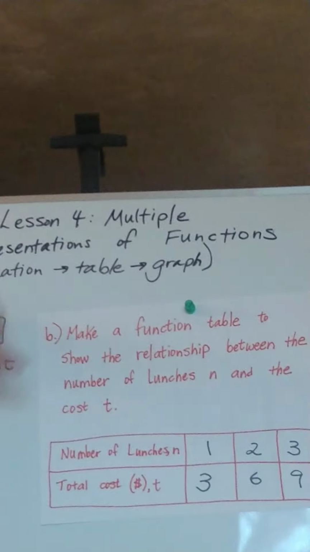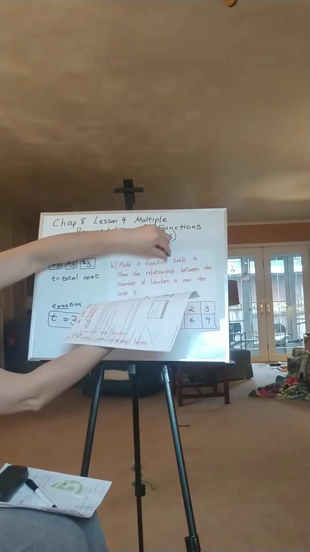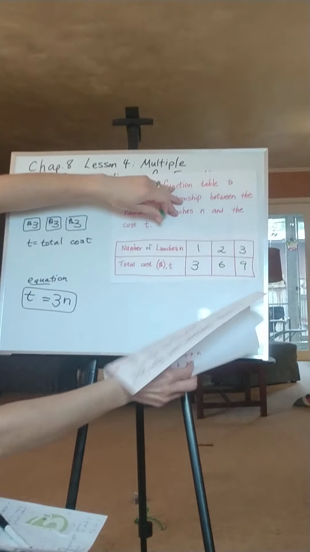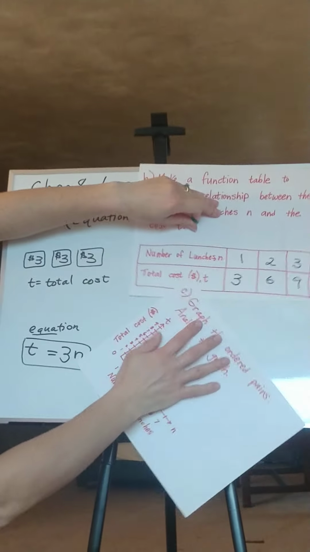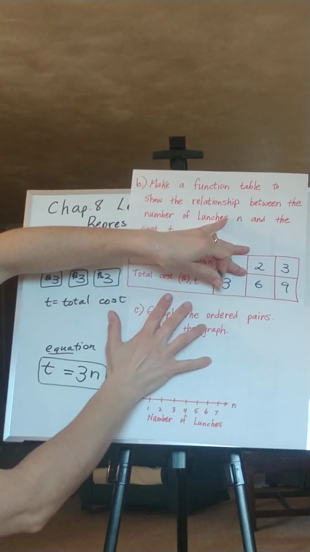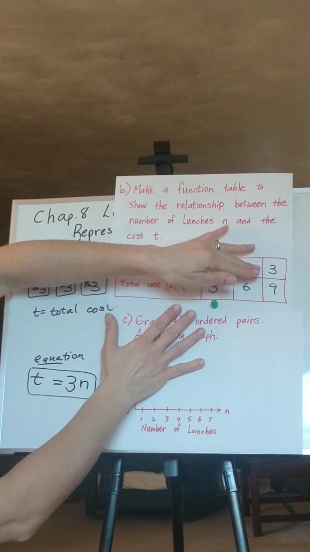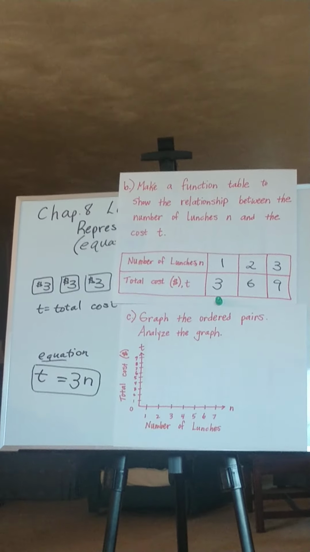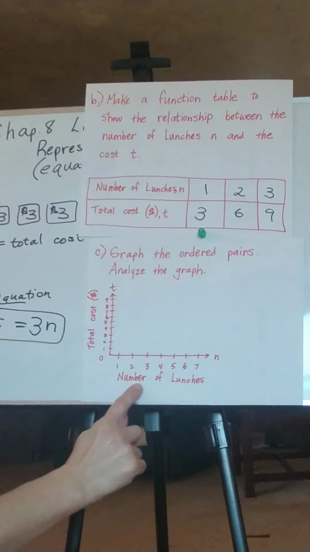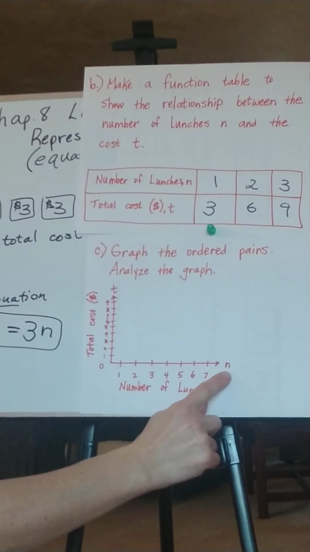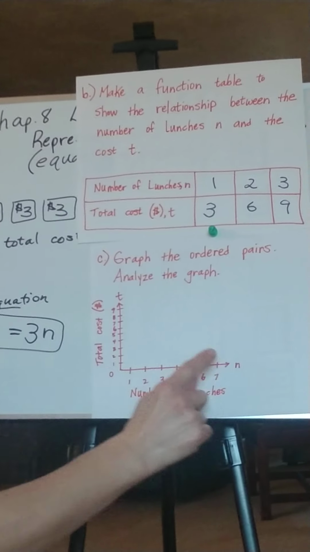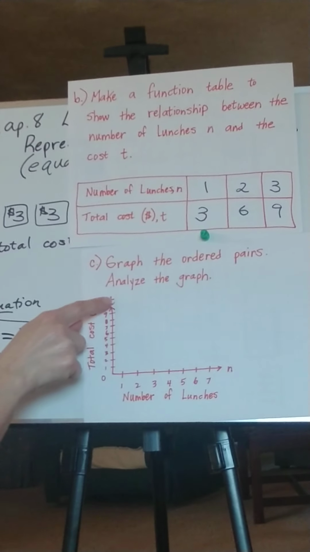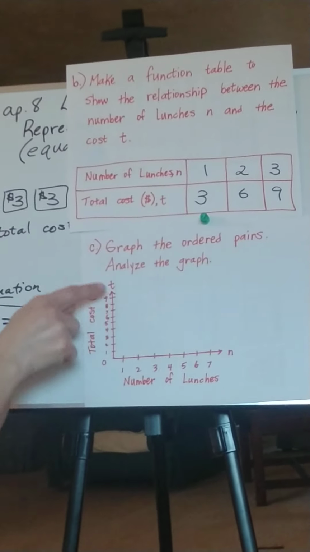Now we're going to show what it looks like on a graph. So we're going to keep this information on our function table, and then we're going to put it in a graph. So this means that number of lunches is along the N axis, which is our bottom axis, and the total cost T is on the vertical axis.